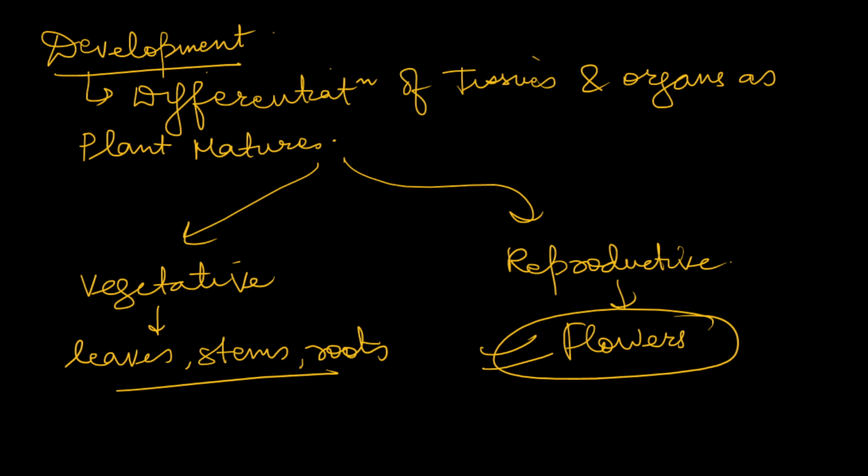After this development stage, there is the stage of maturation and senescence. So what happens in this stage? The plant has reached maturity, and there is no more cell elongation, cell division, or differentiation of tissues and organs.